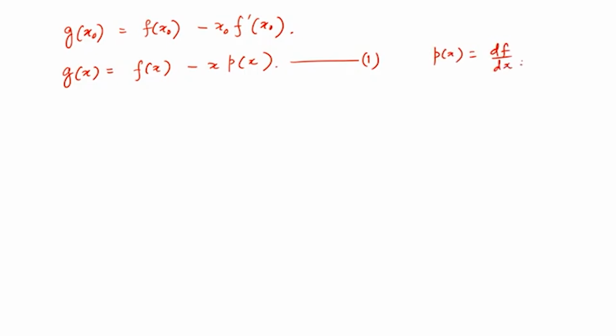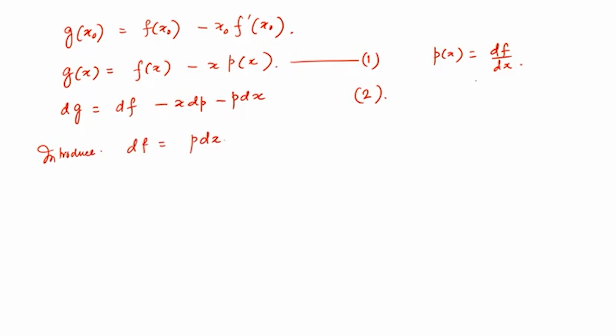Okay. Now, taking a differential with respect to equation 1, I have dg which is equal to df, just eliminating this x dependencies, minus x dp minus p dx. This looks more like the thermodynamic differentials that we were taking. So, let us call this equation 2. Now, introduce df is equal to p dx, okay, which can be seen from here.